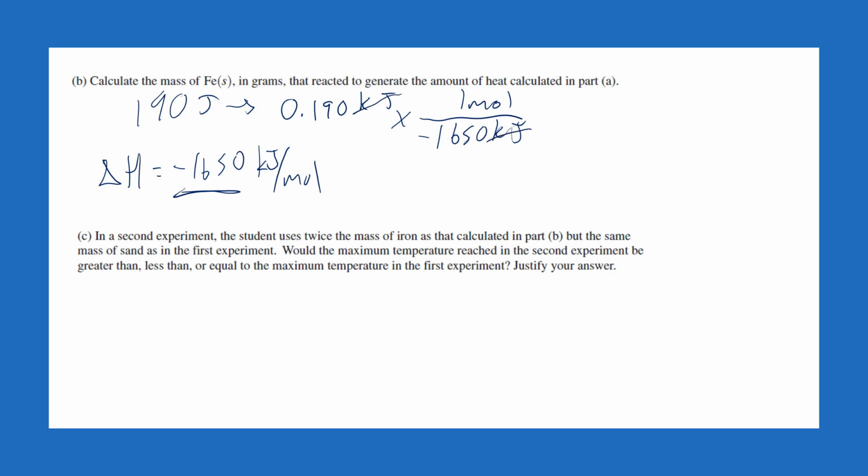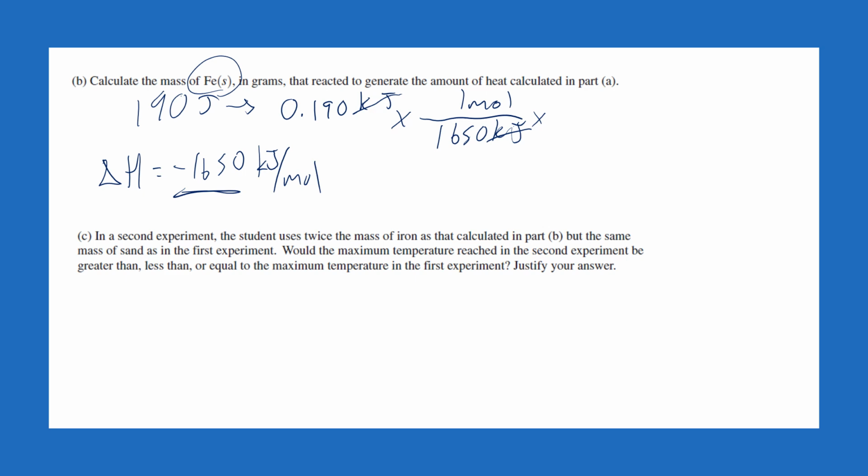I'm going to go ahead and, instead of using the negative sign, assume it's a magnitude, because you can't have a negative number of grams of things. So you can just use the absolute value there. Now, it's not asking for moles, it's asking for iron in grams.